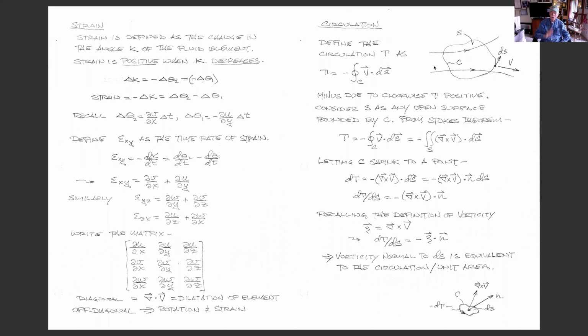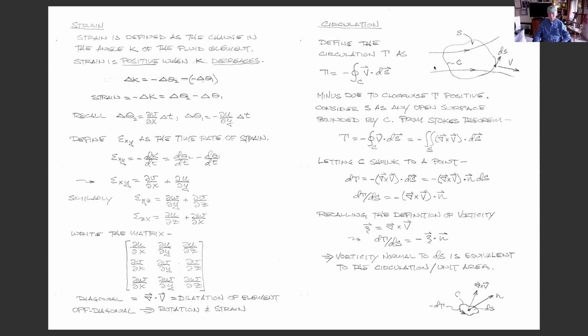We define circulation, and this picks up on vorticity soon. This is the definition. We use a capital gamma, and it's the line integral of v dot ds around the closed curve, any closed curve. The minus sign is due to the fact that we call clockwise gamma positive, whereas normally the positive direction for ds is counterclockwise.